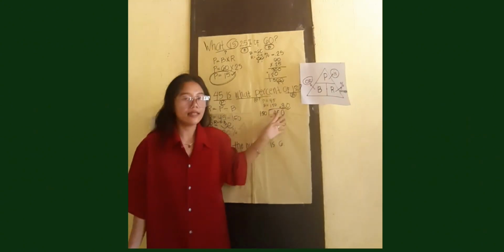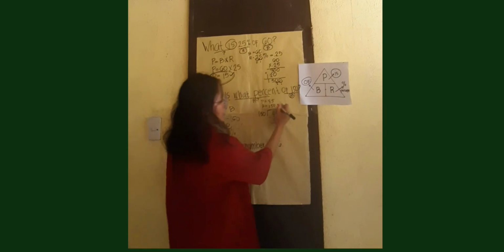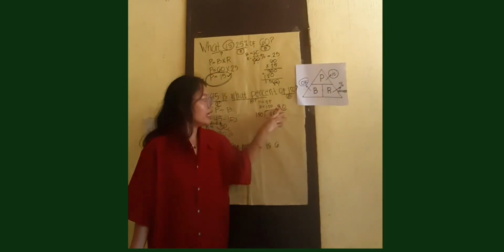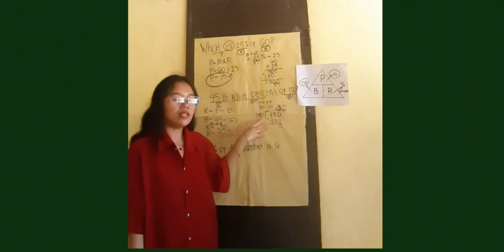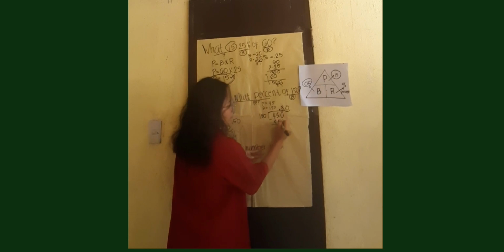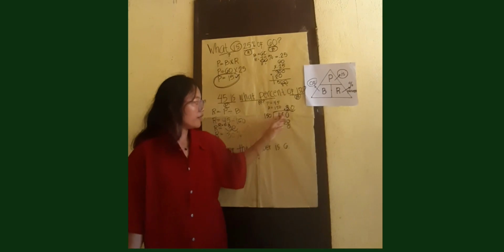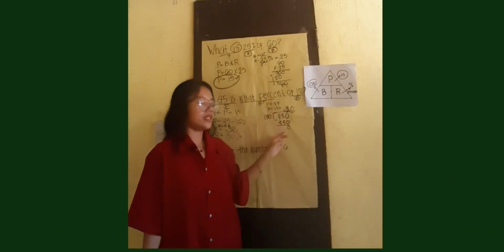The answer is 3. Very good. So, let's write 3 here. Okay. So, 3 times 150 is equals to 450. Very good. So, 450 minus 450 is equals to 0.